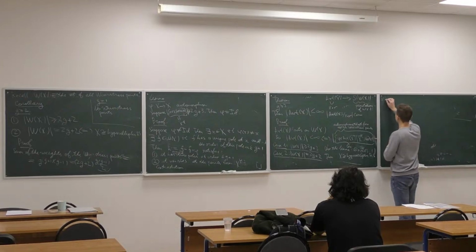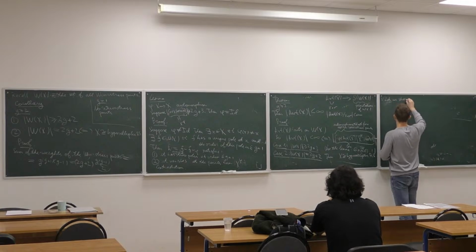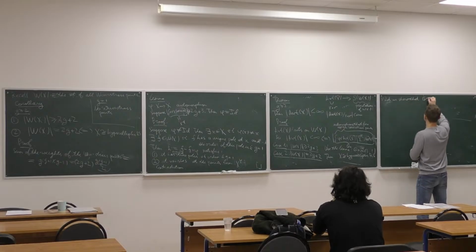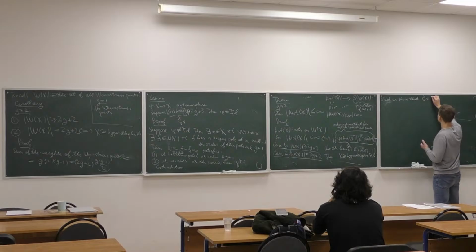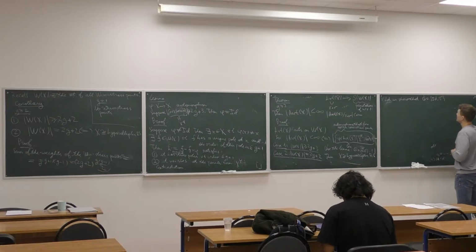Okay, then X is hyperelliptic. Let us show that G, in this case, the group that fixes all the Weierstrass points, is just the group that has only two elements, the identity and the hyperelliptic involution.